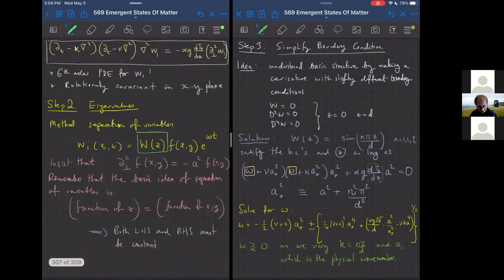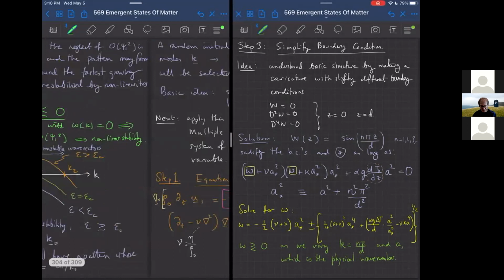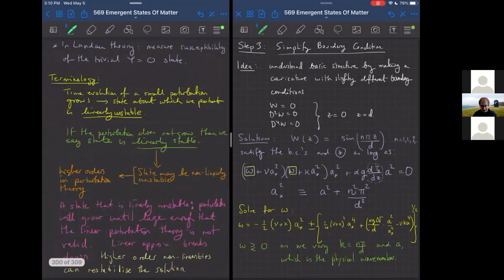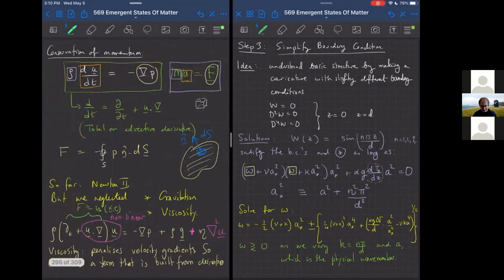Well, just to go back, remember that we insisted that the perpendicular del squared in the xy plane satisfied this equation, and so that means that the spatial dependence in the xy plane, which is where we expect to see the rolls, that behavior is determined by A. So when we look at the pattern, let's see, somewhere over here we have a sketch of the pattern.